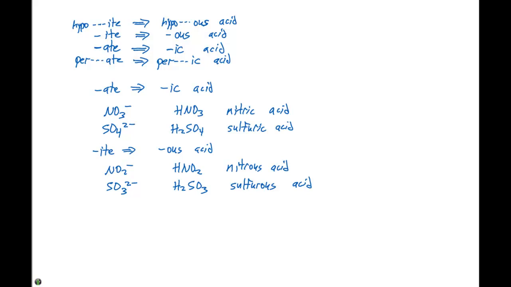In the cases where we have the per and the hypo, these are retained. So if, for example, we have ClO4- and ClO-, our HClO4 is going to be perchloric acid.